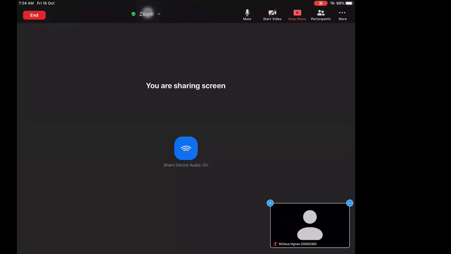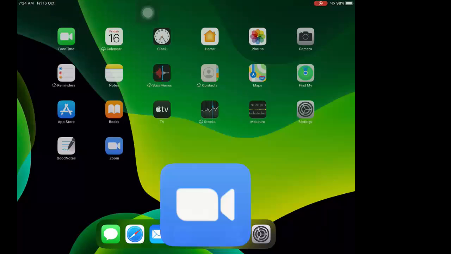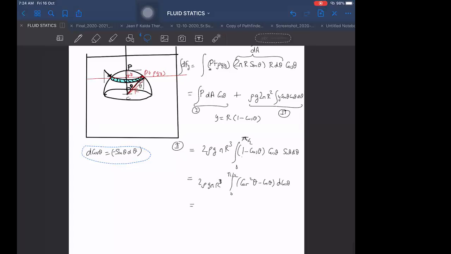What is the answer? So, 1/3 rho g pi r cube, sir.